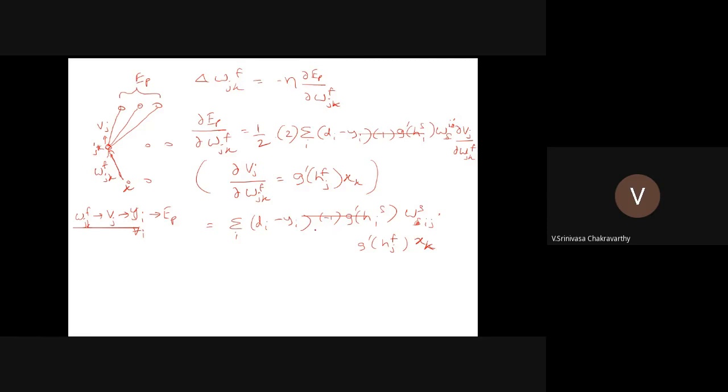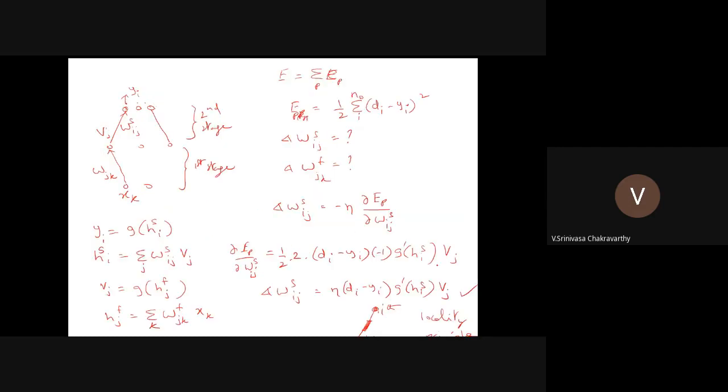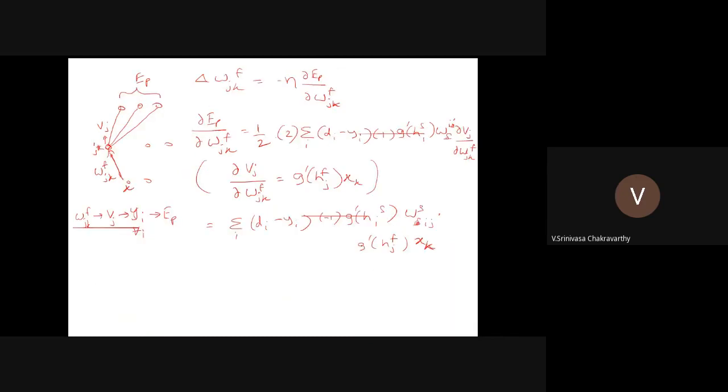And actually, there's a small problem with this expression, which is that let us invoke the locality principle. We have seen that the first expression for the update rule for these weights satisfies the locality principle. But let us look at the update for these weights, the way we have derived it. To update a weight here, going from the kth input neuron to the jth hidden neuron, I need di minus yi, this error term, from all the output neurons.